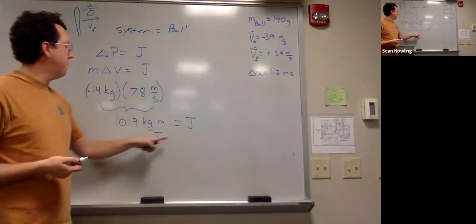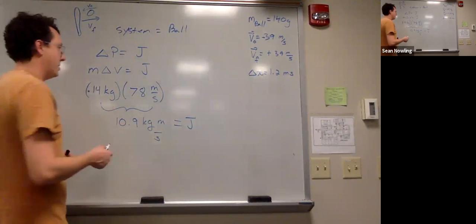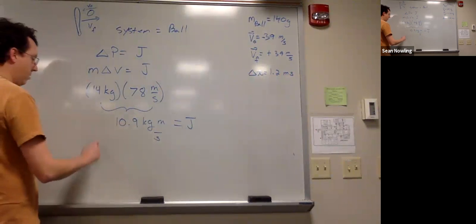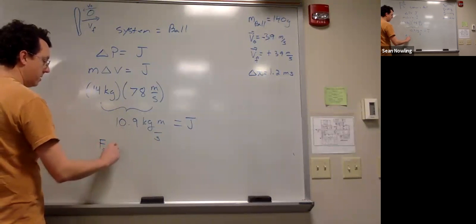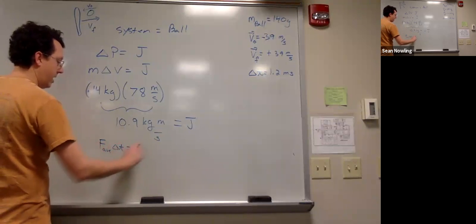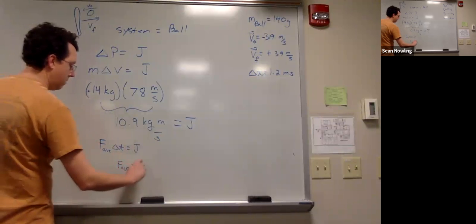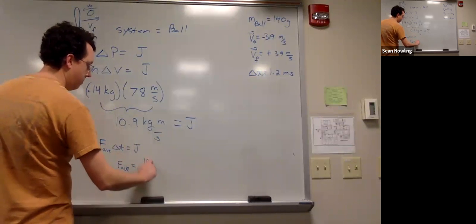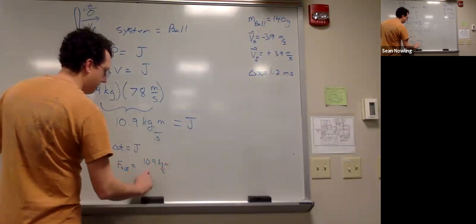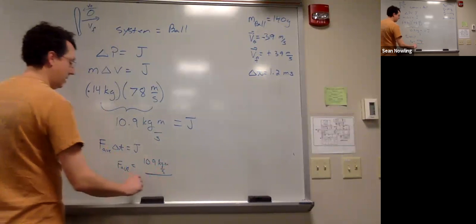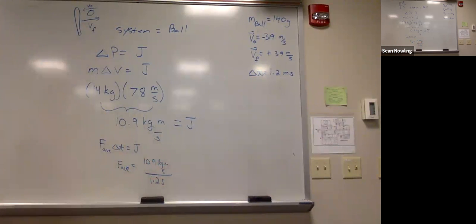So if I know the impulse equals 10.9 kilogram meters per second, and I also know that the average force times delta T equals J, I can rearrange that to say that the average force equals J, 10.9 kilogram meters per second, divided by delta T, which is 1.2 milliseconds.